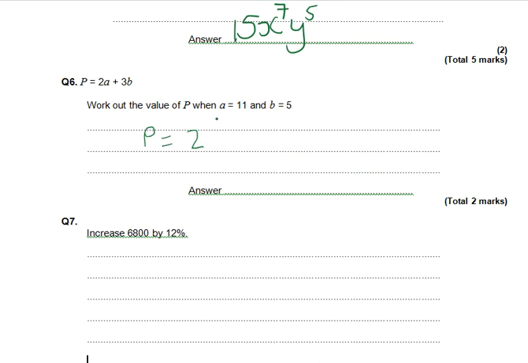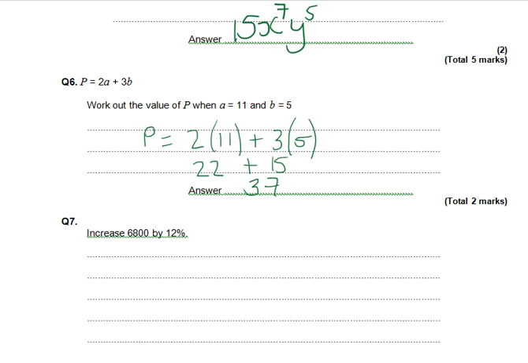So it's 2 open bracket 11 close bracket plus 3 open bracket 5, and remember in maths a number next to brackets is multiplication, so 2 11s are 22, 3 5s are 15, and then finally add them together. So 5 add 2 is 7, 2 add 20 add 10 is 30, so we end up with 37.